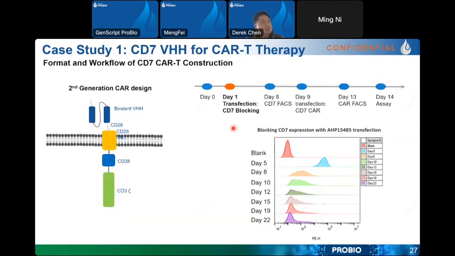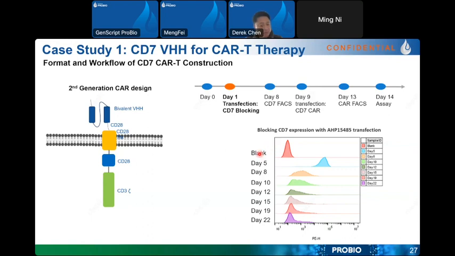Following humanization, these 3 candidates were constructed as a bivalent VHH on the CAR Ts. As I mentioned at the very beginning, we utilize the ER retention approach to eliminate the CD7 expression on the CAR T cell to avoid self-killing.